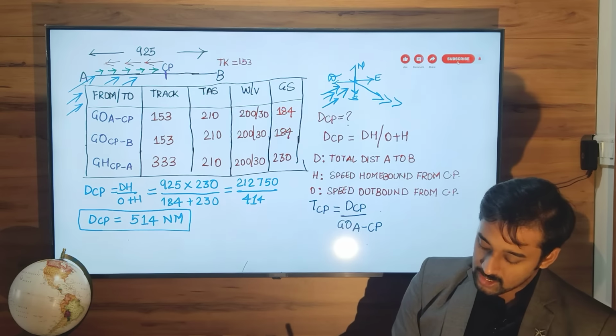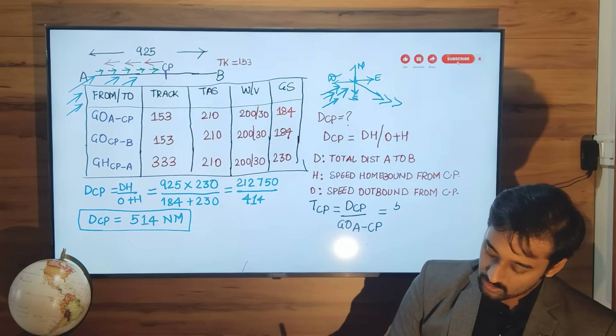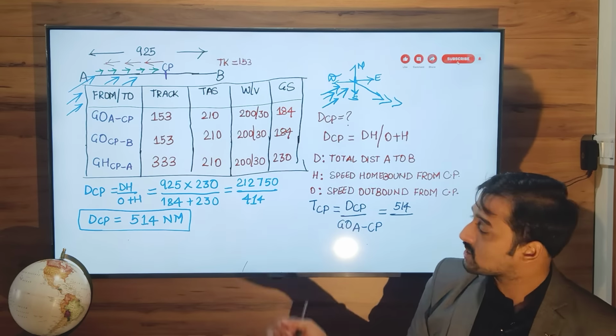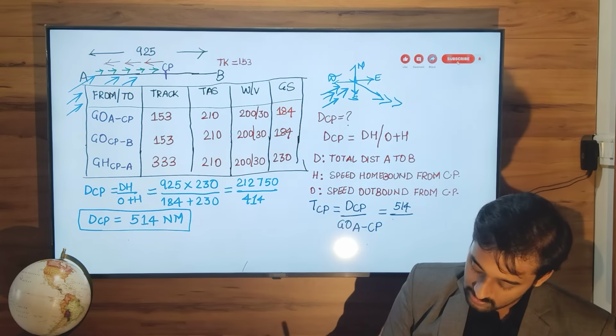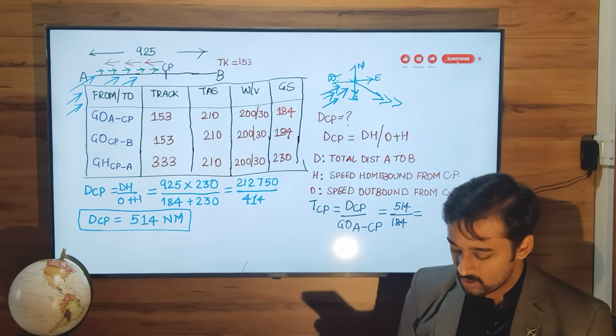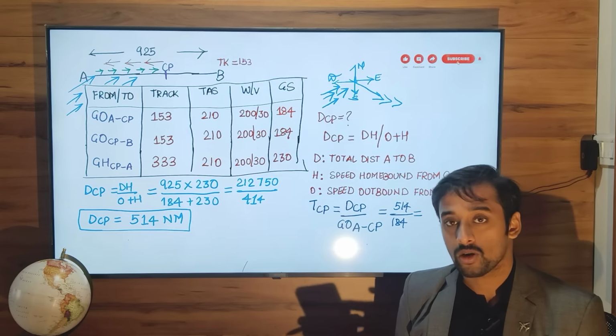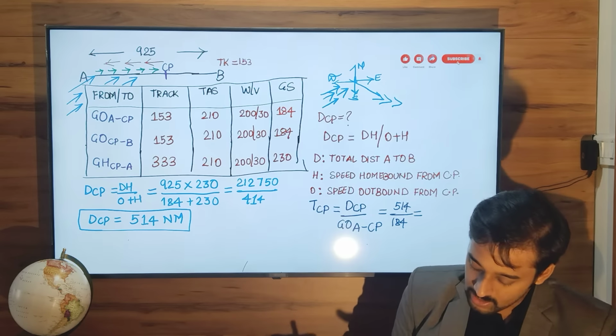Okay, so let's substitute the values. What is DCP? 514. What is the speed going from A to CP? It is 184. 514 divided by 184 is 2 hours 47 minutes.